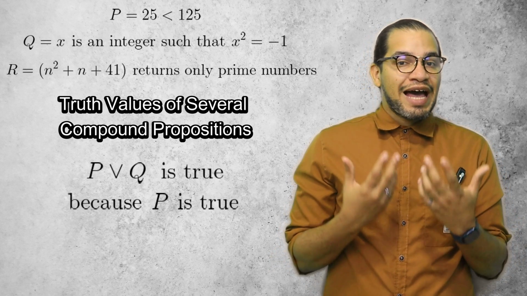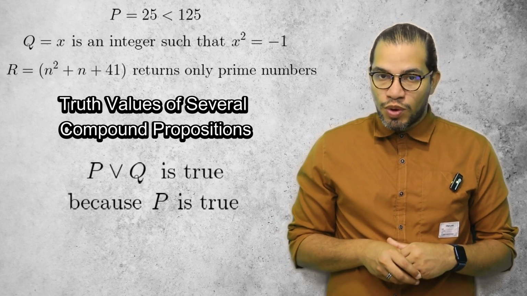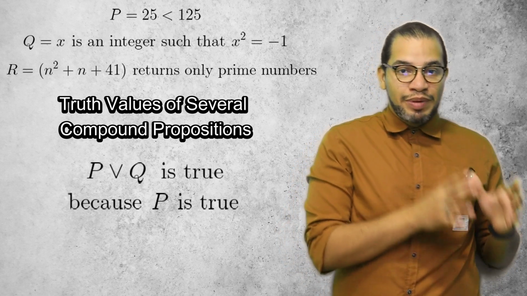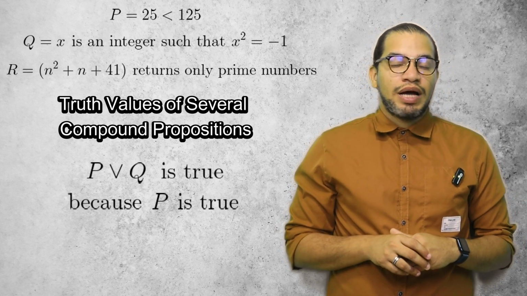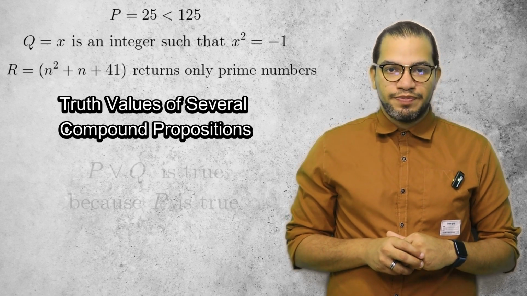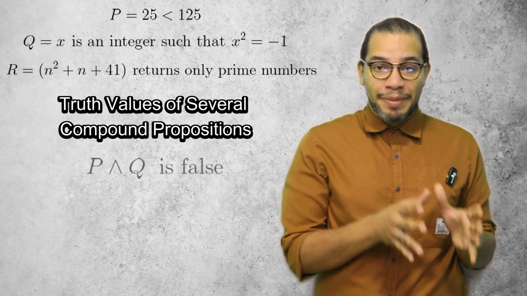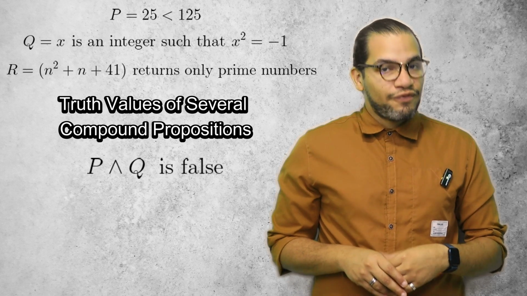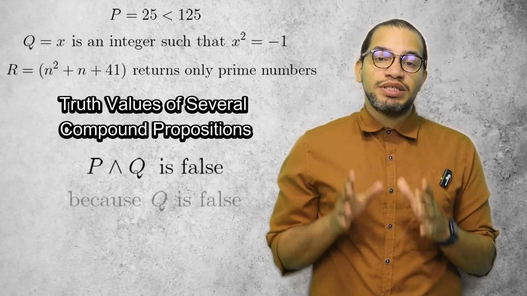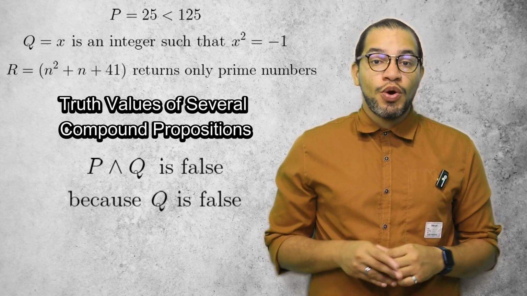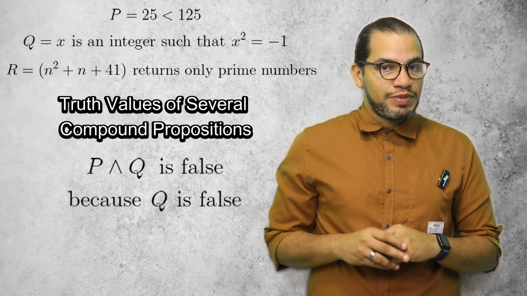So, in order to have this proposition as a false one, we need that P and Q have to be false. Now, proposition P and Q is a false proposition because in order to make it true, both of them have to be true.